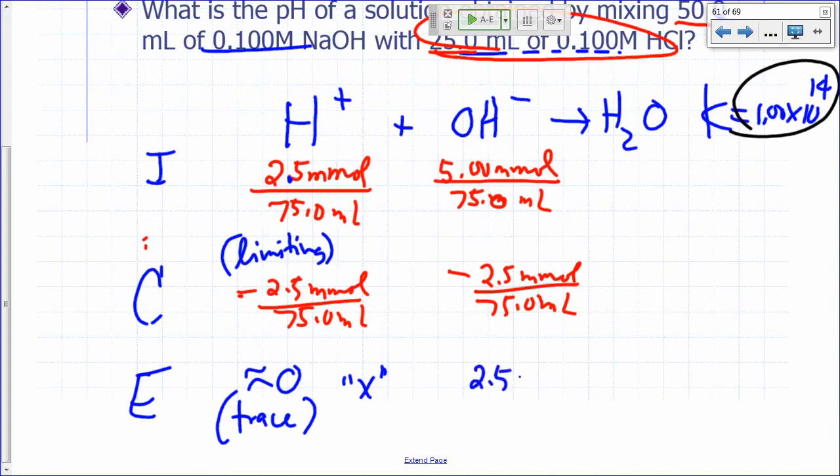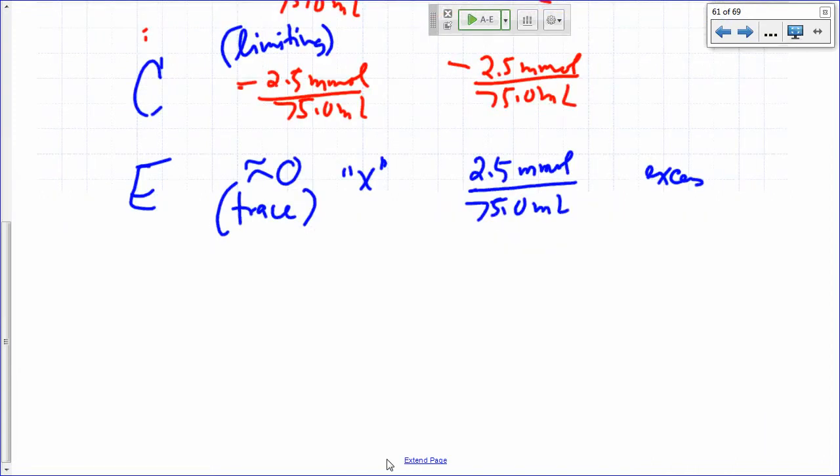This is going to be 2.5 millimoles over 75 mL. And water will just be excess, so you don't worry about the water. In other words, what we're really saying is, assume it goes all the way and then back it up a little bit, so that you have a trace amount of H plus in your reaction mixture.